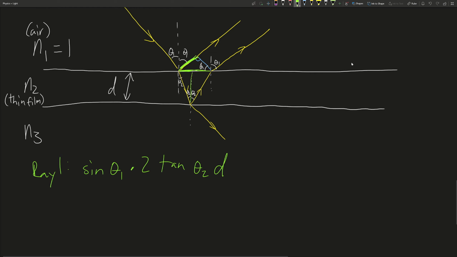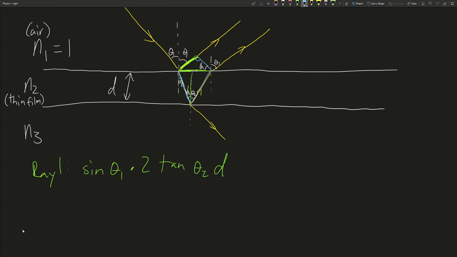Now if you want to see the distance ray 2 travels, it's just going to be equal to this distance right here, so like this V shape. And we want to compare their offsets when they're parallel like this.